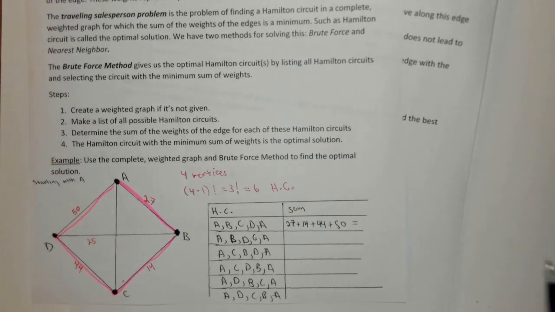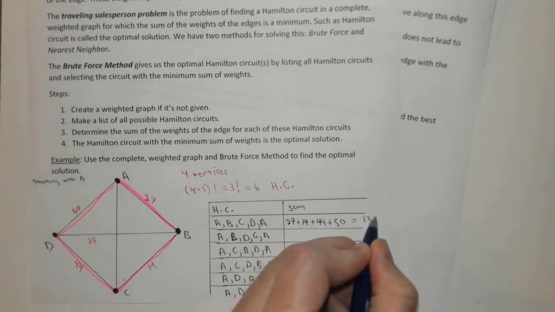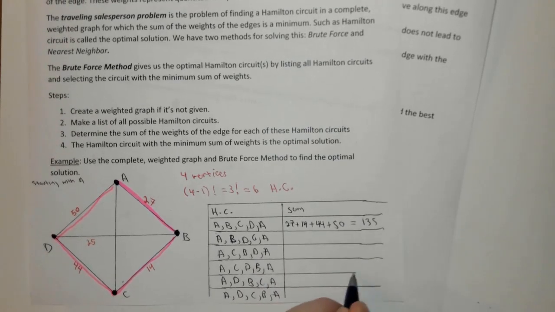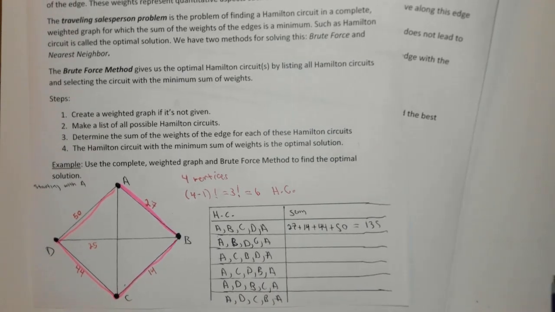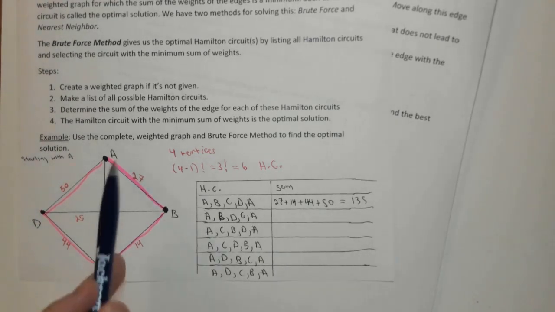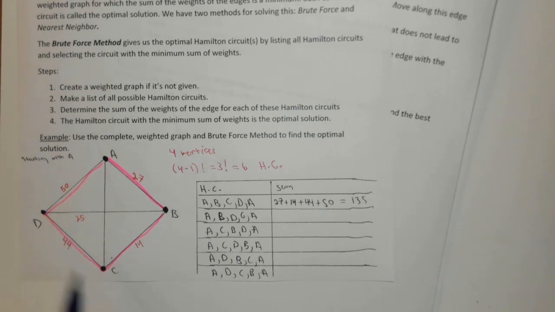So 27 plus 14 plus 44 plus 50 is 135. I would probably do these calculations twice because you would hate to miss such a small part of the question. All right, now let's do A, B, D, C, A. Oh, I need a value here.